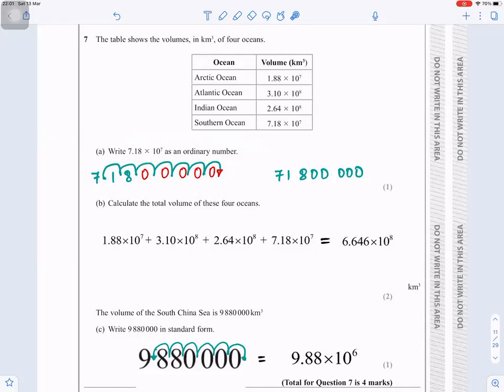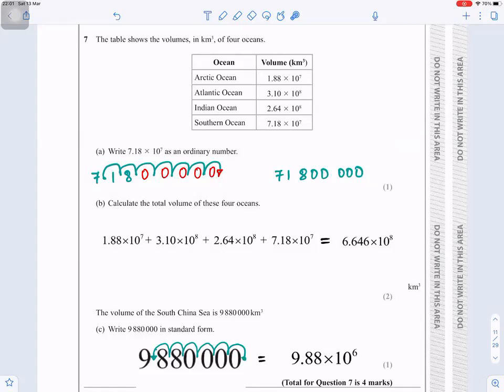Or you take the decimal point and move it 7 places to the right. 1, 2, 3, 4, 5, 6, 7. It ends there. Put a 0 under the arches, so there'll be 5 zeros. So it's 71,800,000. That's it in ordinary numbers.